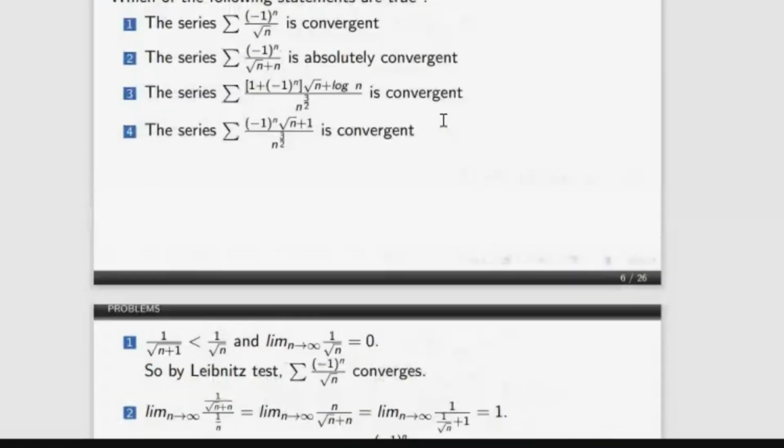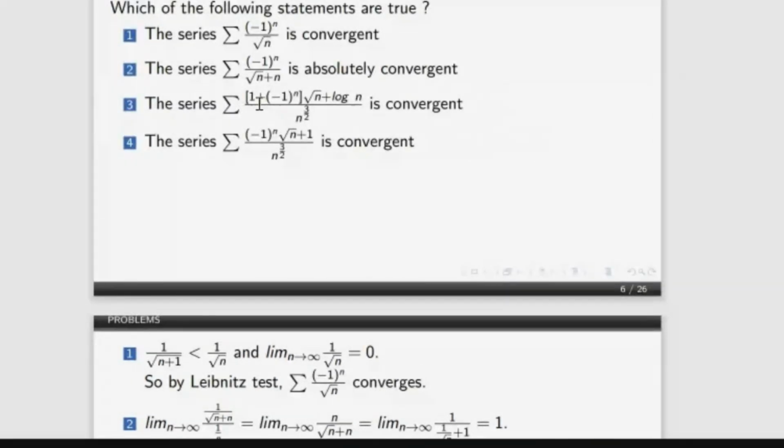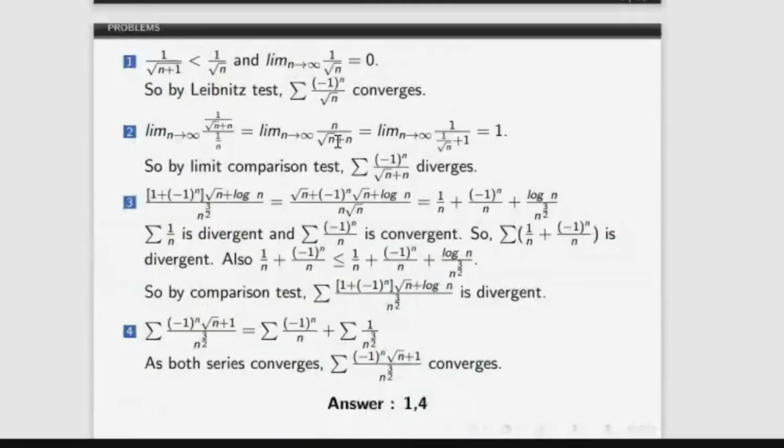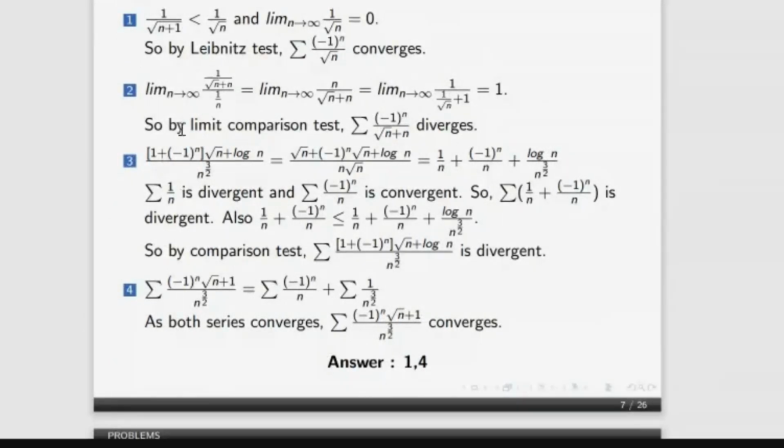And coming to the third option, that is series 1 plus minus 1 power n into root n plus log n by n power 3 by 2. It looks really large, but when we break it down into smaller series, I have taken the term of that series and opened the bracket: root n plus minus 1 power n root n plus log n divided by n power 3 by 2.